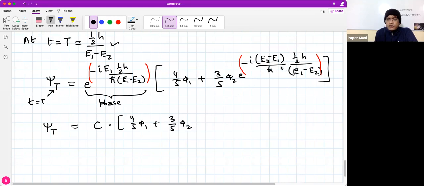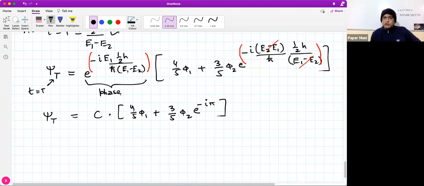If you calculate this, this gets cancelled, this gets cancelled. There's h by 2 pi, h gets cancelled here. We are left with 1 by 2 also getting cancelled, so you are left with e to power i pi. In this case minus i pi. This phase could be minus or plus, we are not worried about it, because the question doesn't ask about it.